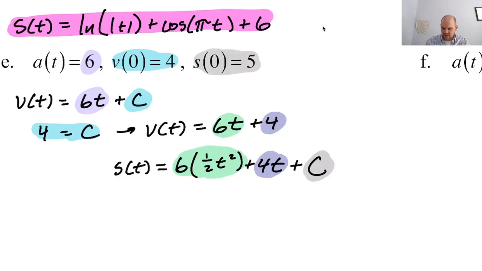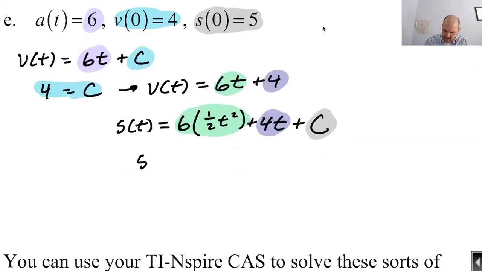This and this will allow me to solve for that c. All right, let's do it. So 5 equals, 6 and 1/2 is 3, and then I'm plugging in 0 anyway. 4 times 0 plus c. So c is equal to 5.